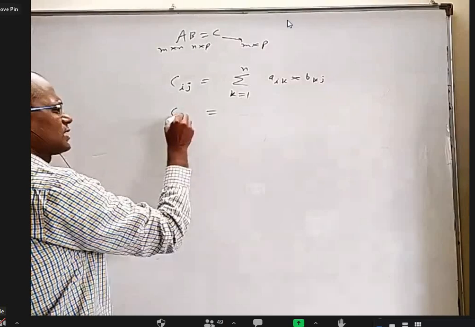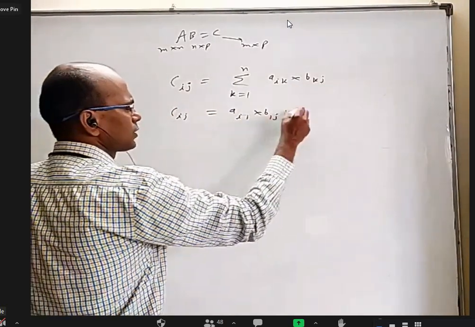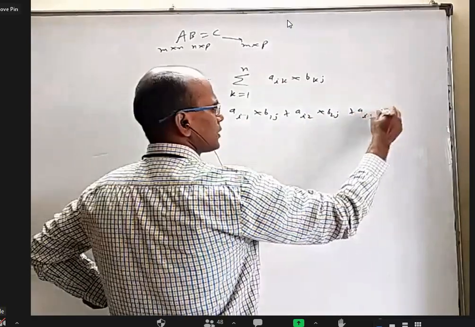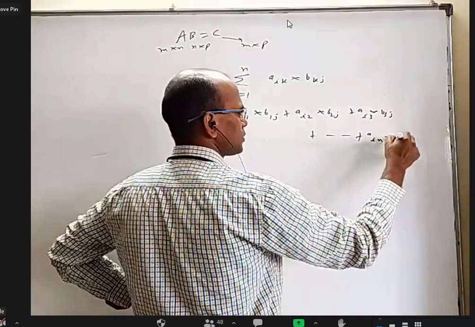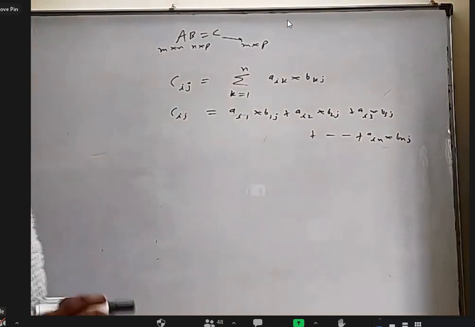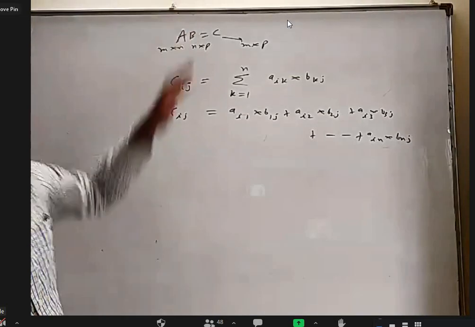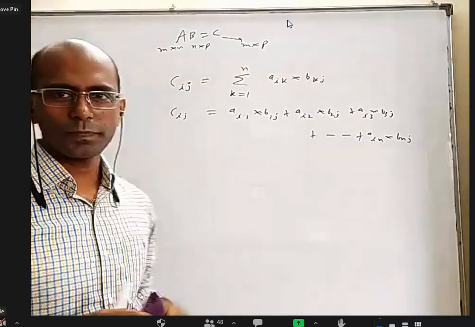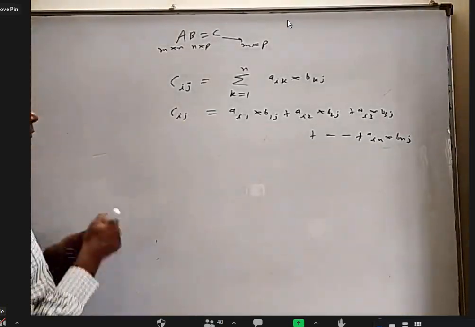That means Cij is Ai1 into B1j, Ai2 into B2j, Ai3 into B3j, and so on up to Ain into Bnj. Anyway, now we are more mature, I'm sure, but if I start multiplication of matrices with this definition, some people will think, what is all this? So that's why I told you how to multiply. Now let me explain what this is.